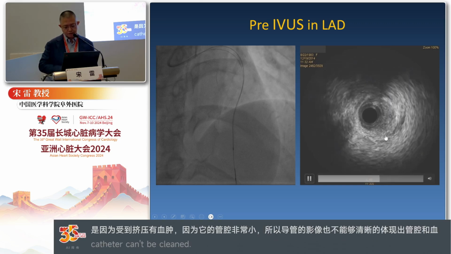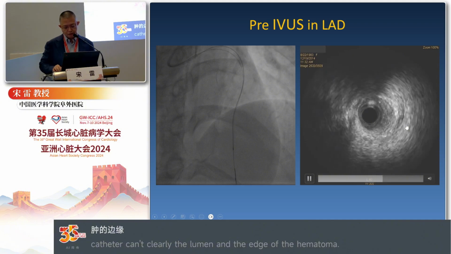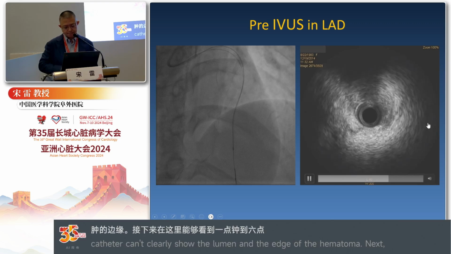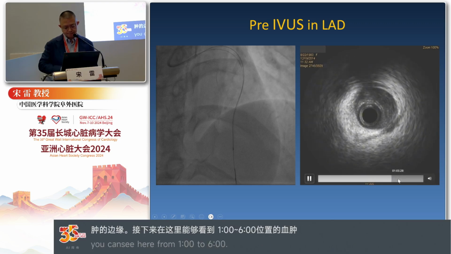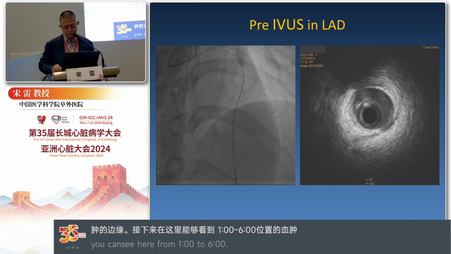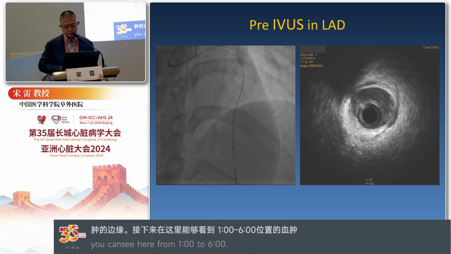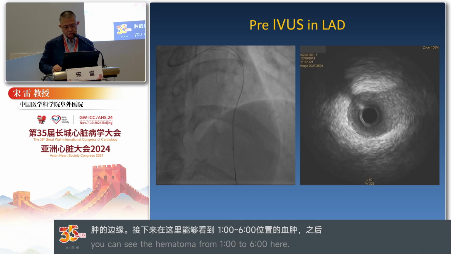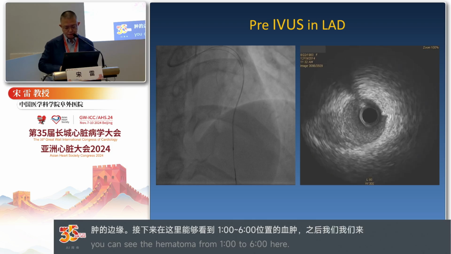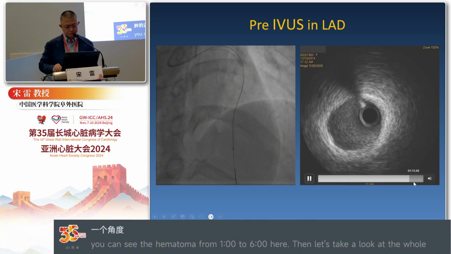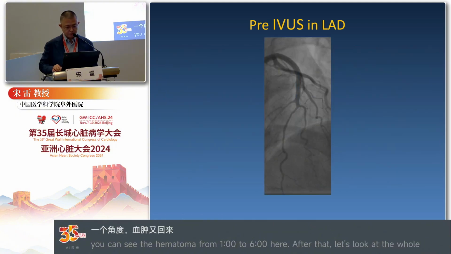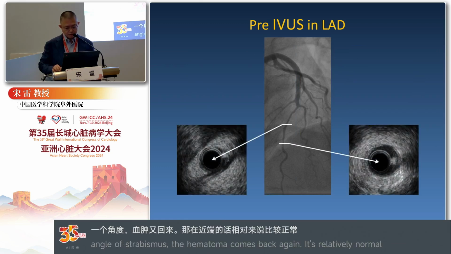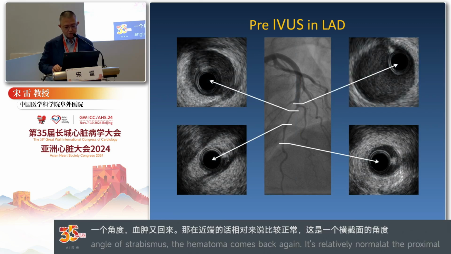Then we can see the hematoma from the 1 o'clock to 6 o'clock. From the diagonal coming, the hematoma stops, and more proximal is normal. Here is the cross-section view: very distal hematoma, and more proximal is good.